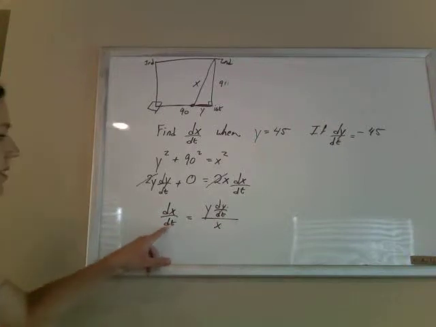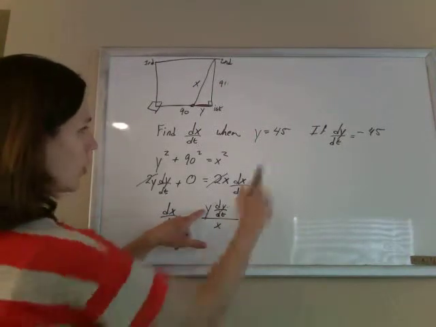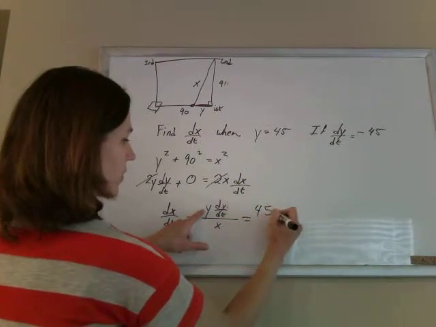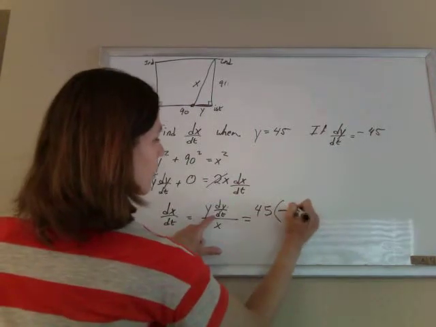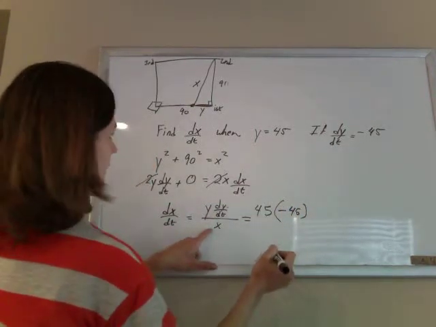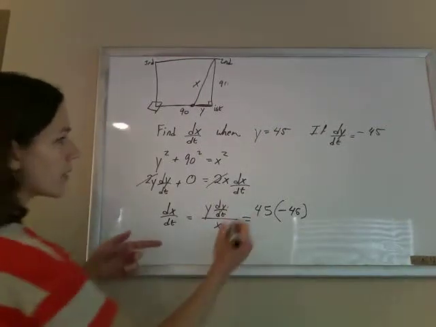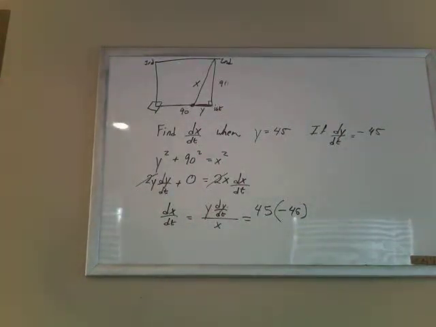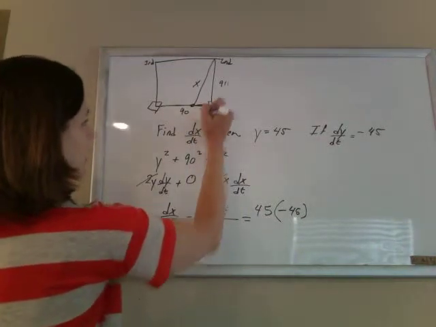We want to find dx/dt, so let's just plug stuff in. I know y, at the particular moment we want, is supposed to be 45. I know dy/dt is negative 45. And I don't know x, but that's okay. I can find x at that particular moment because I know that at this moment y is 45.